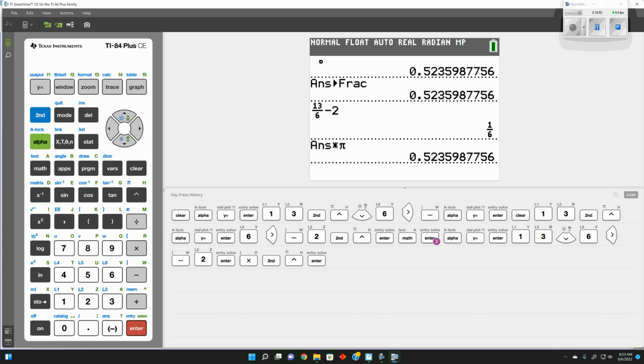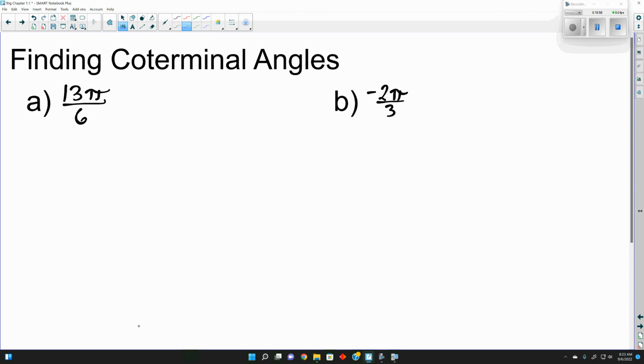Do we have a negative angle? We found pi over 6, yes? Is that a negative coterminal angle? Well, no, there's not a negative in front of it, right? So what did we find? We found one positive coterminal angle. So what can we do to find the negative?